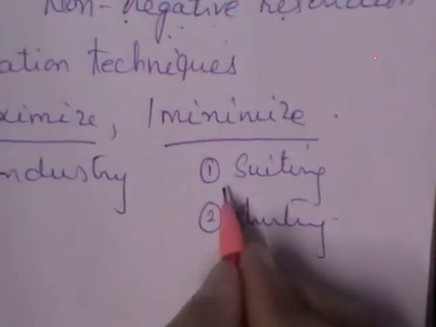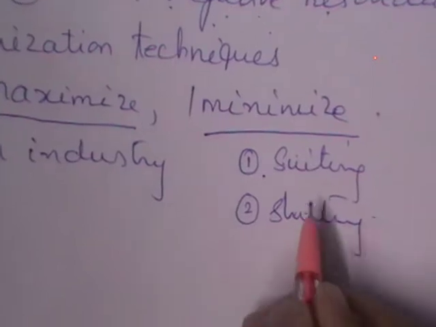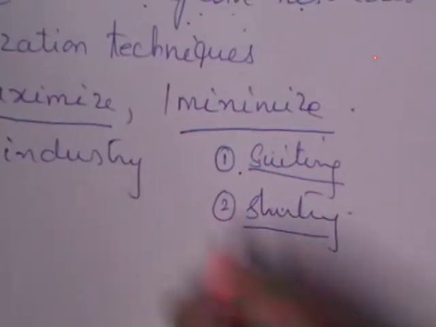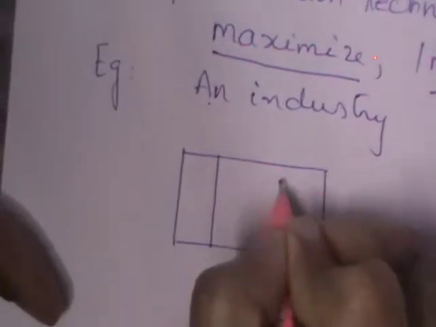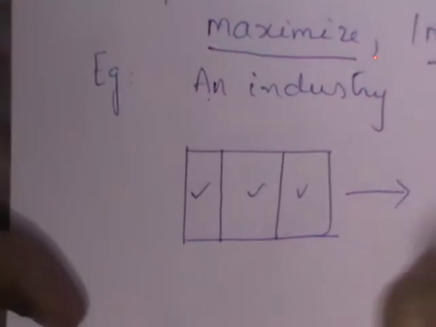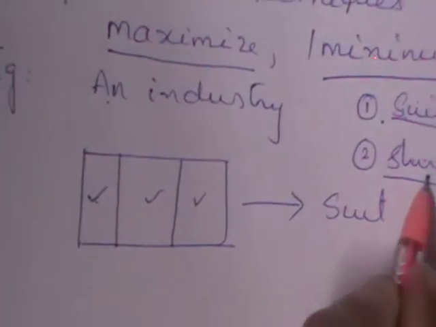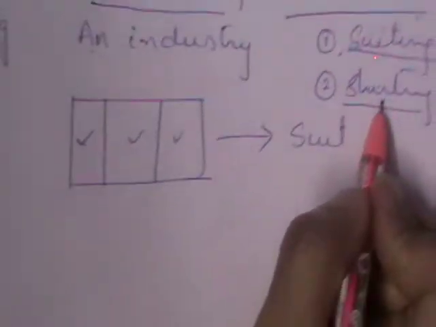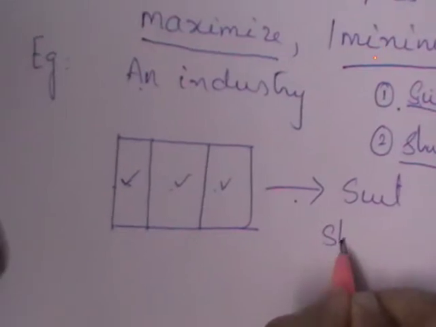To produce these two types of products, each should undergo 3 phases of production. To get the final output of a particular suit, it should undergo these 3 phases. Similarly, to get the product of a shirt, it should undergo these 3 phases.